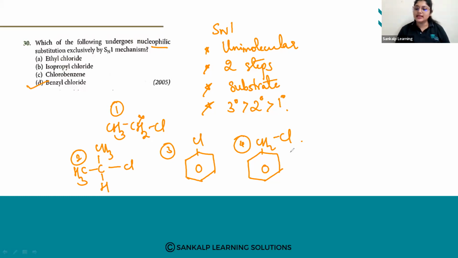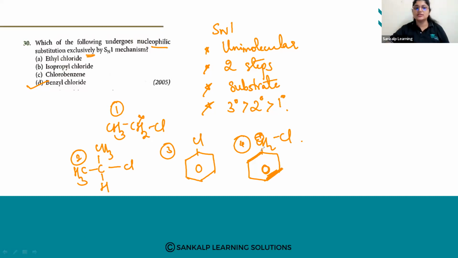Why? In benzyl chloride, the carbocation formed during the SN1 mechanism is resonance stabilized because of the presence of the benzene ring. So benzyl chloride will undergo nucleophilic substitution exclusively by SN1.